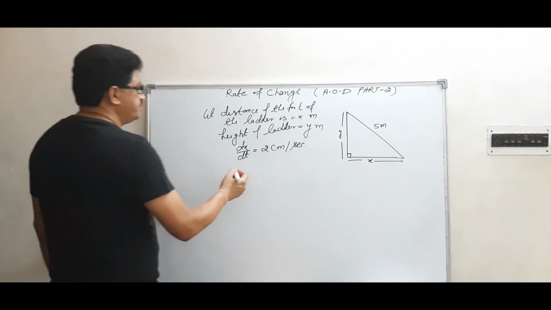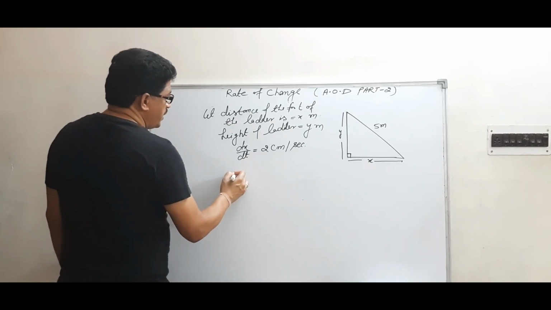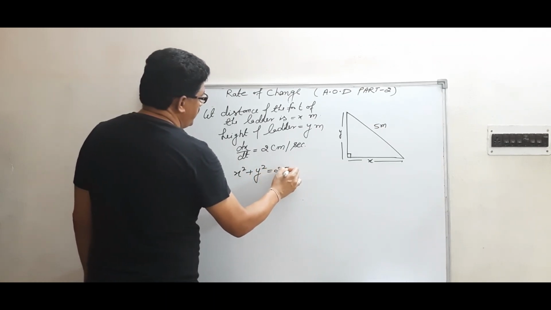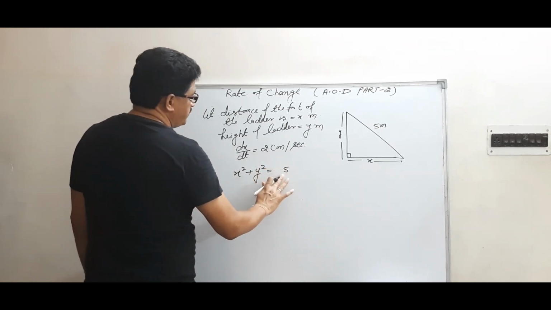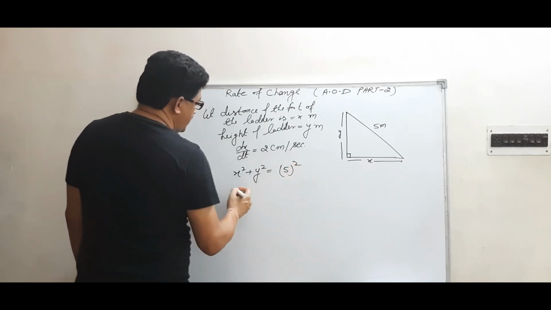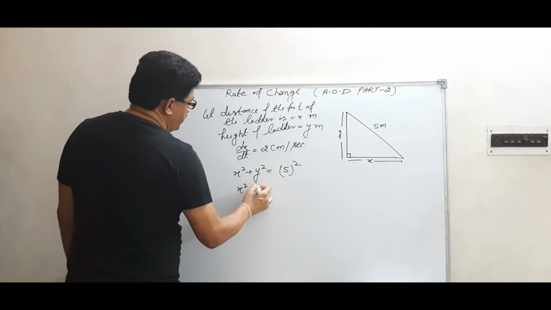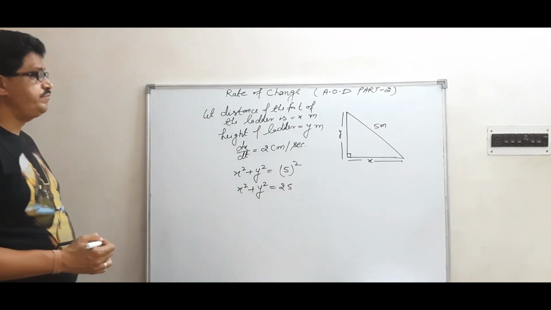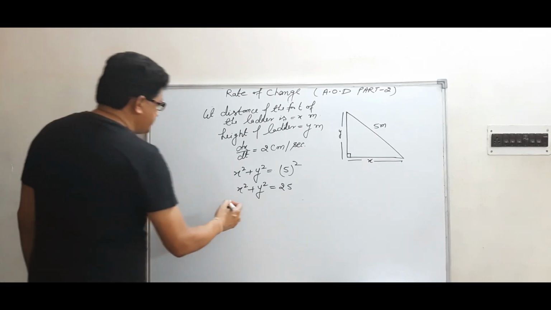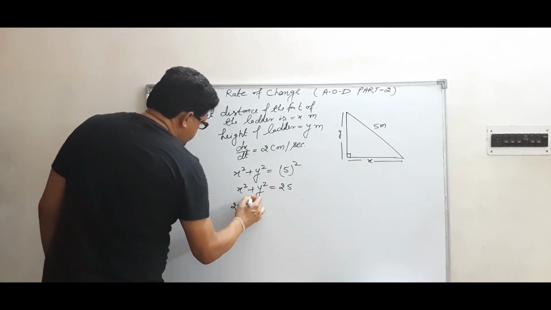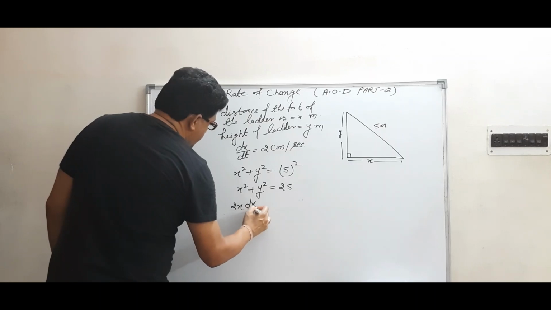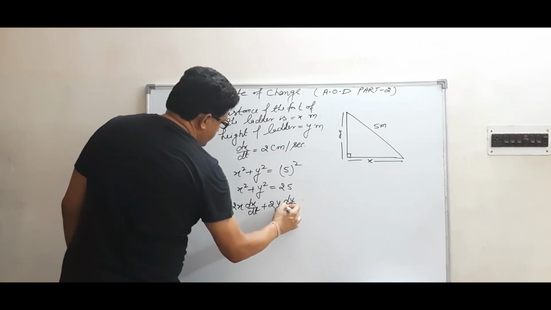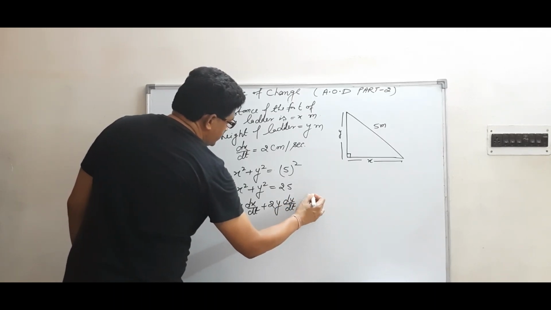We can write x square plus y square is equals to 25 or 5 square. And now differentiate this. 2x dx upon dt plus 2y dy by dt is equals to 0.